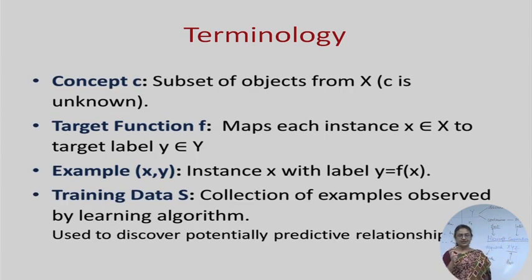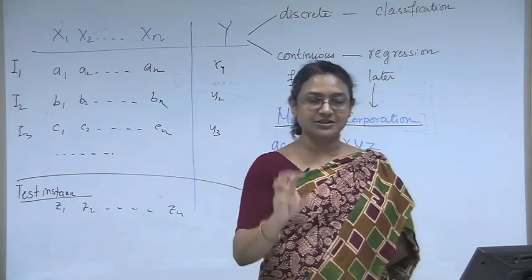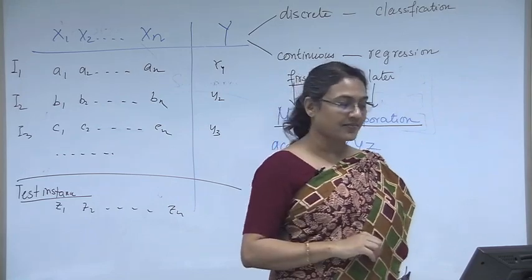A concept: suppose you are trying to find out, is this object an image of a face? So, the concept is a subset of objects in the instance space. Among all possible images, a subset of the images are images of faces.